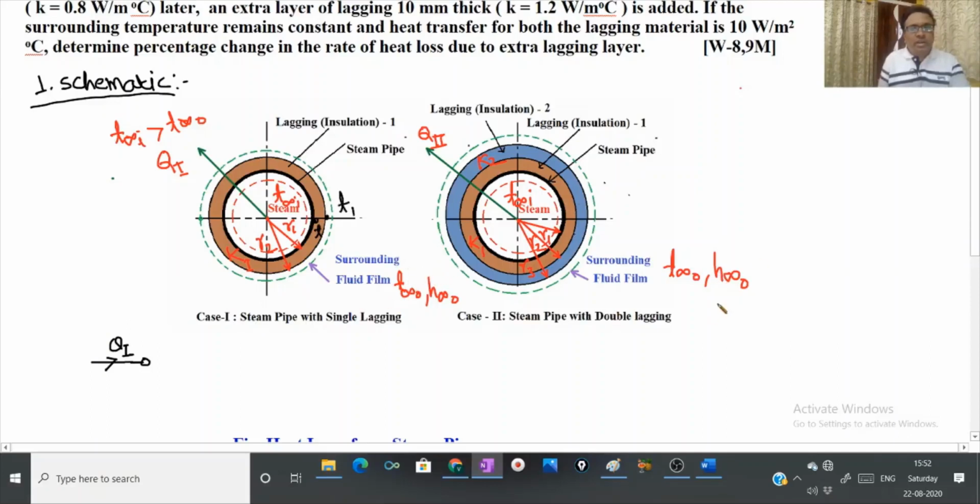Similarly, in case 2, T1, and the outer surface temperature of insulation 2 is T2 and the surrounding temperature is T infinity O.